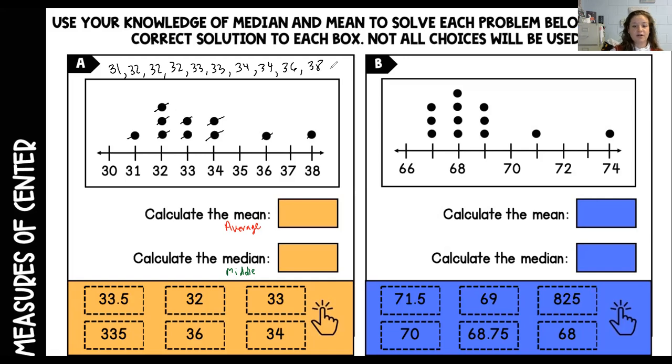Okay, which gives me a total of 306. Now, remember the very important part, we've got to divide by the total digits. So we can count those digits or we can count the dots because remember, each dot represents a digit. So we've got 1, 2, 3, 4, 5, 6, 7, 8, 9, and 10. Okay. So we're going to divide by 10.